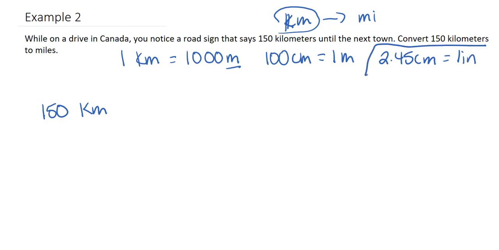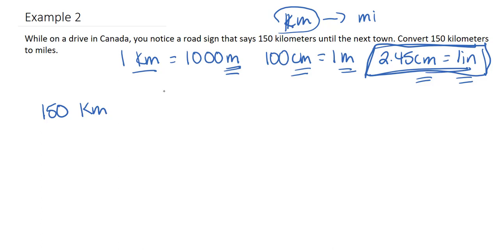This is our way to go from the metric system to the US units, and it's probably one of the most important conversion rates to know. If we can go from kilometers to meters, meters to centimeters, and then centimeters to inches, we're getting closer to miles, because miles is in the US units.